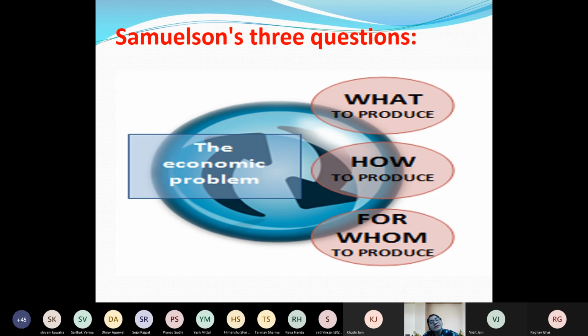What to produce means किस तरीके से प्रोडक्ट बनाना है, whether a capital product needs to be produced or a capital or labor intensive product needs to be produced.